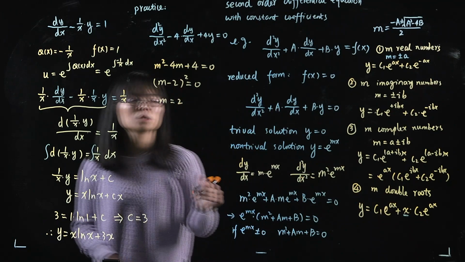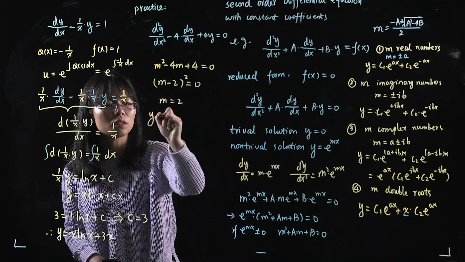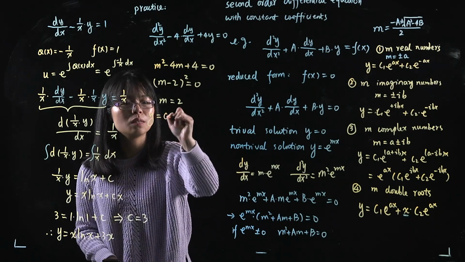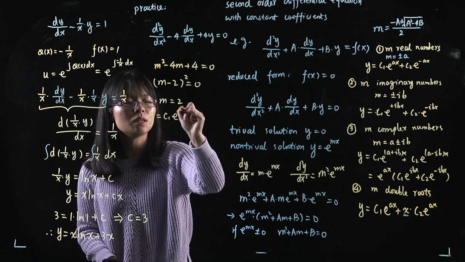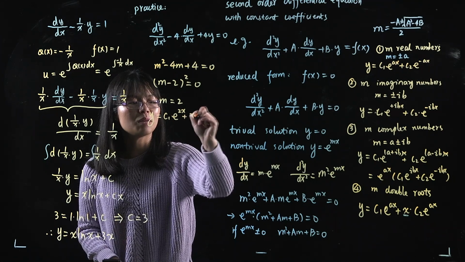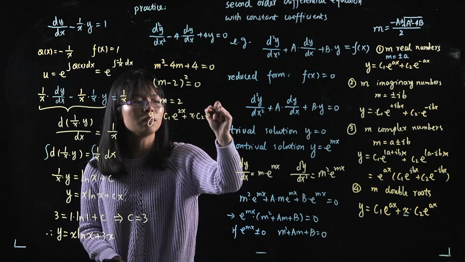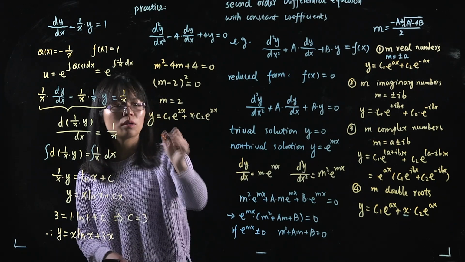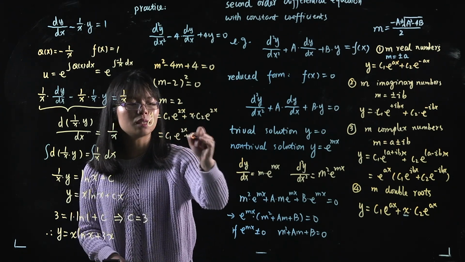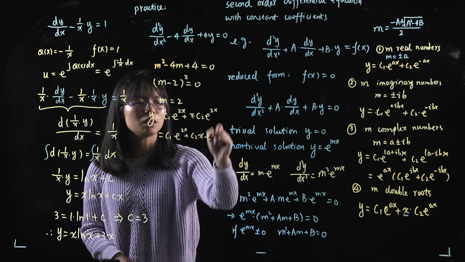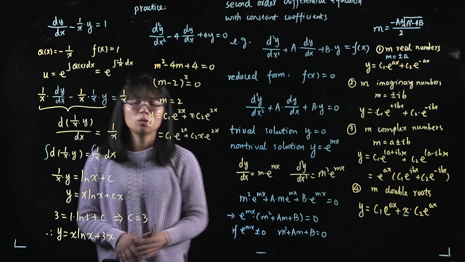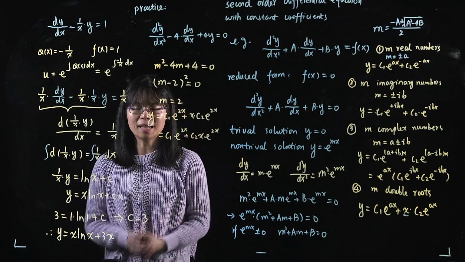We have double roots. Then the solution is going to be c1 times e^(2x) plus x times c2 e^(2x), or you can write it as c1 e^(2x) plus c2 x times e^(2x). Okay, so we can have more practice after class.